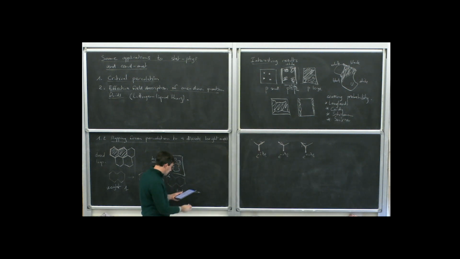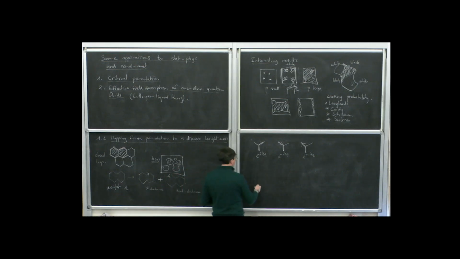Now you can check that for any type of closed loop, the total angle by which you have turned has to be 2 pi. And so a closed loop oriented clockwise will pick up total weight e to the minus i lambda. That was the reason for putting these factors 1/6 here.